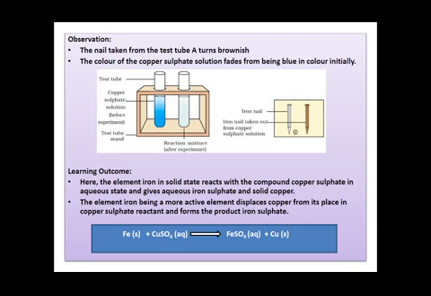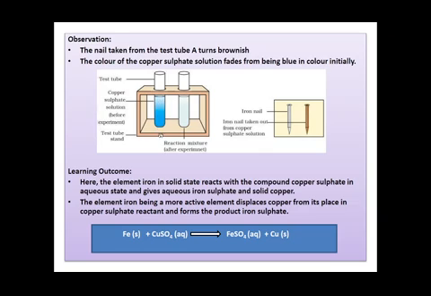So the change in color is clearly observed over here, and the color of the copper sulfate solution fades from being blue color initially. So there were 2 test tubes.